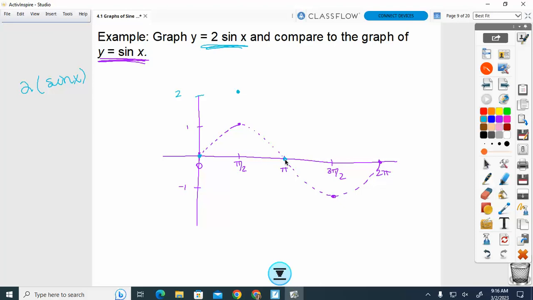At 3 pi over 2, sine was negative 1, times 2 is negative 2. And at 2 pi, you're back to 0. So here's my graph of 2 sine of x.